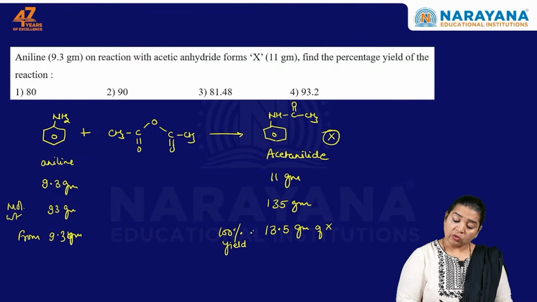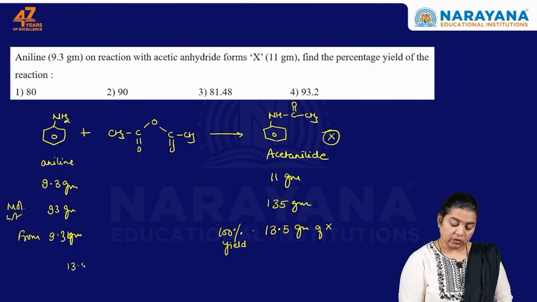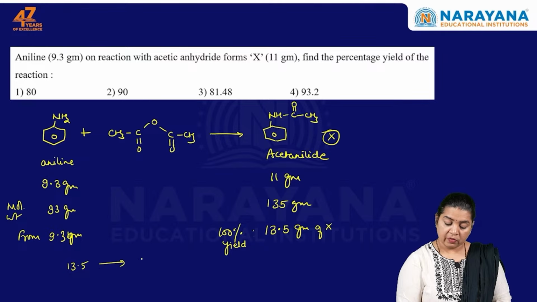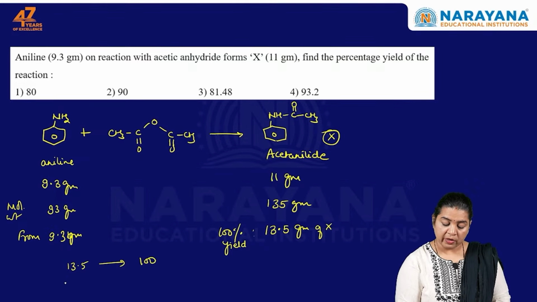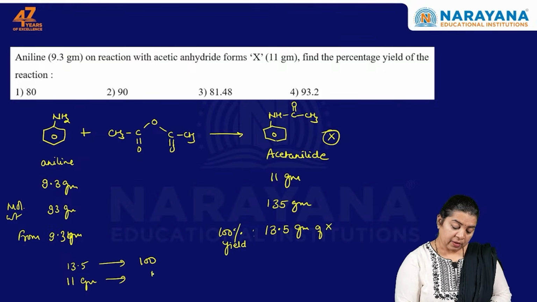Correct. Now, we are not obtaining 13.5 grams. If 13.5, then my yield was 100%, but I am obtaining only 11 grams. So, what is my yield? My yield will be 100 upon 13.5 into 11.